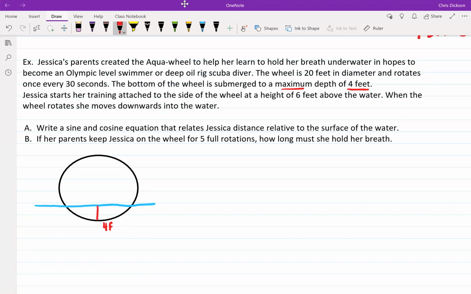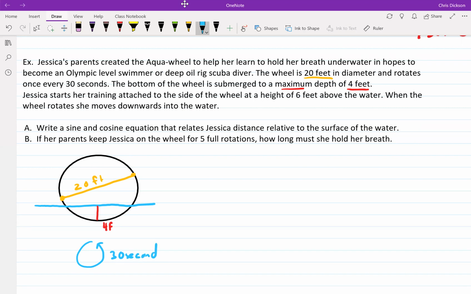Okay, and we know that the diameter of the wheel is 20 feet. So basically from here to here is 20 feet. And to do a single rotation, to go all the way around, is 30 seconds.